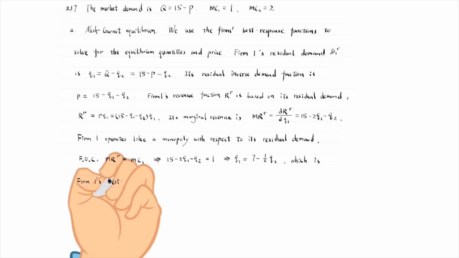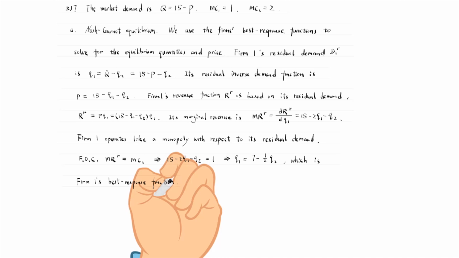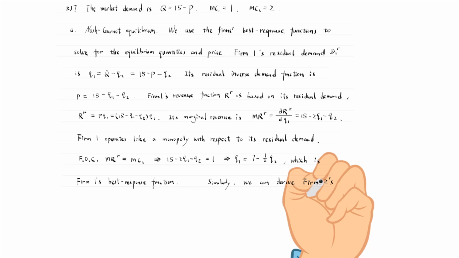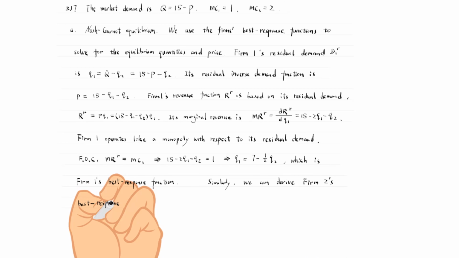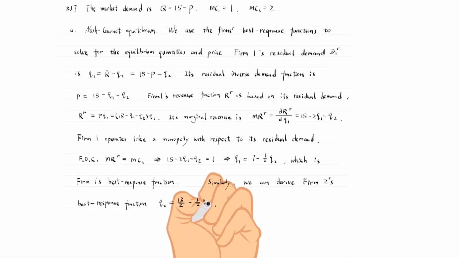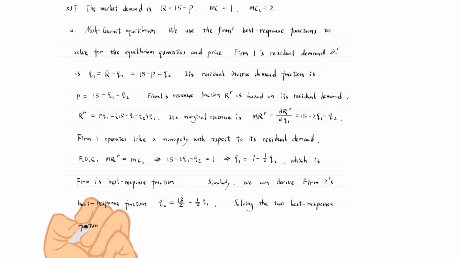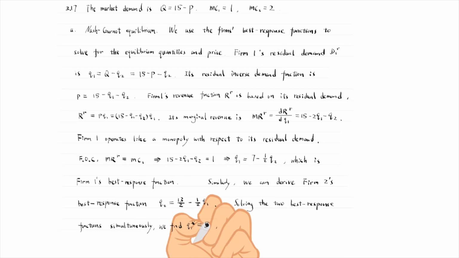The first-order condition equation is indeed Firm 1's best response function. We can express Q1 in terms of Q2. Similarly, the same reasoning gives Firm 2's best response function. Solving the 2 best response functions simultaneously, we find the Nash-Cournot equilibrium outputs.